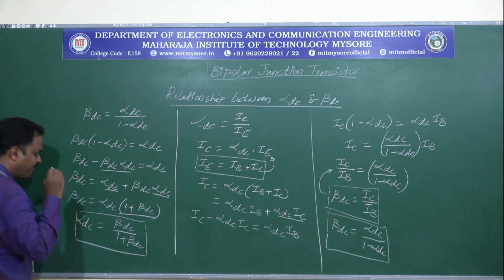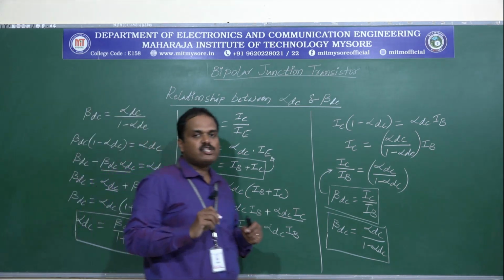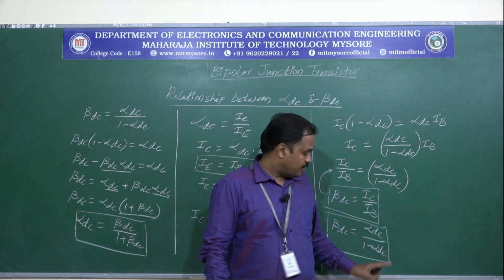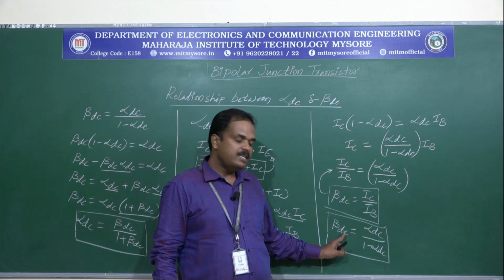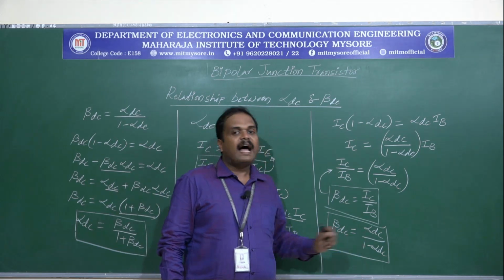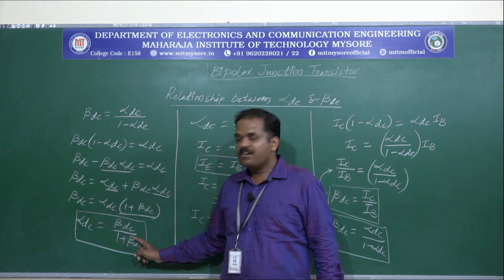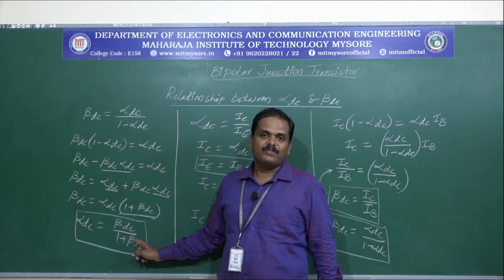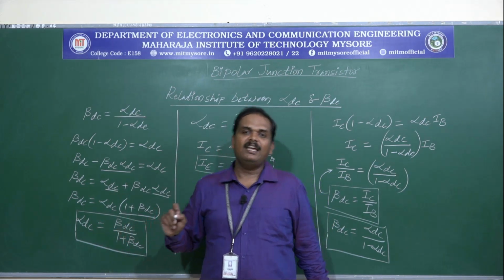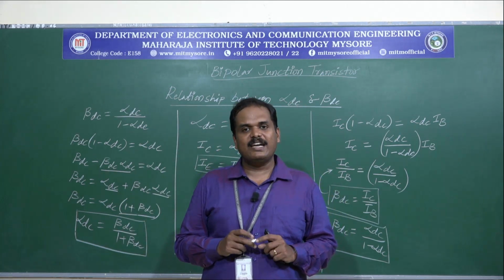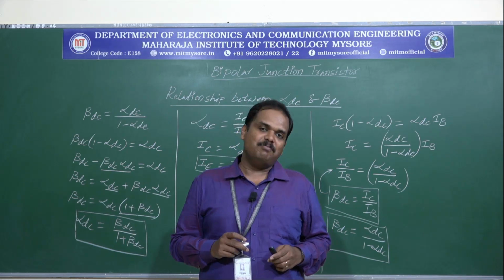Here we have the equation for alpha DC in terms of beta DC. In the earlier equation we represented beta DC in terms of alpha DC, and here we have represented alpha DC in terms of beta DC. So this is all about the current relationships or the current equations associated with any BJT.